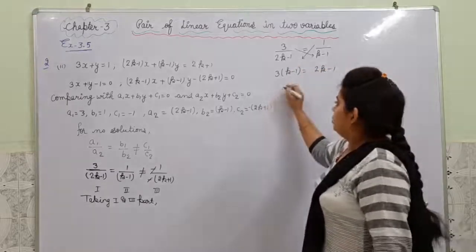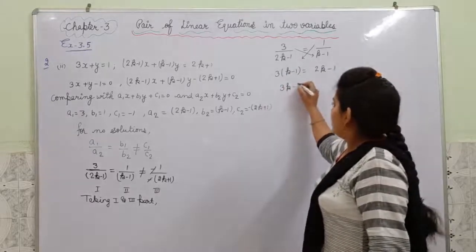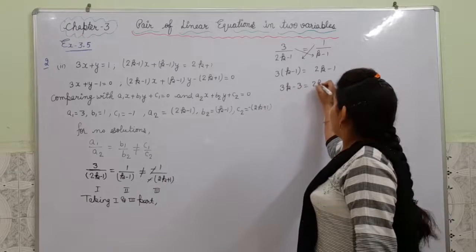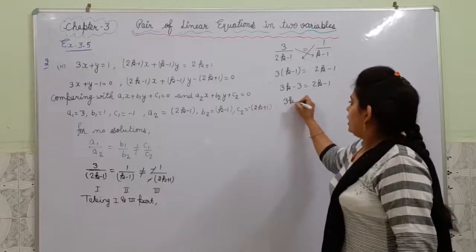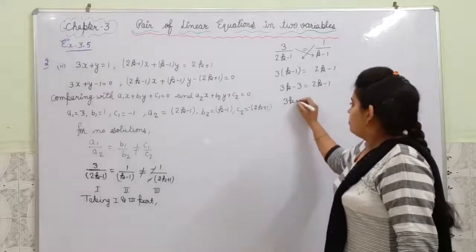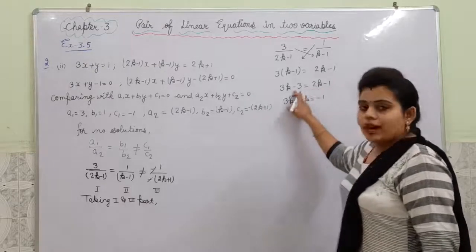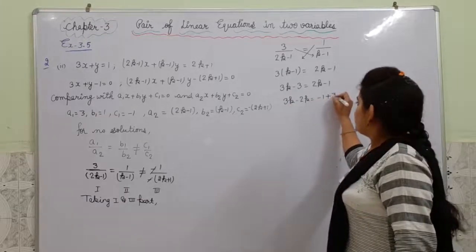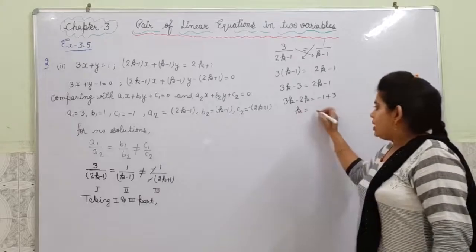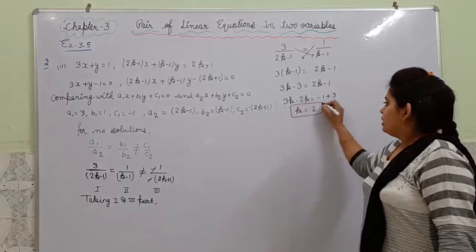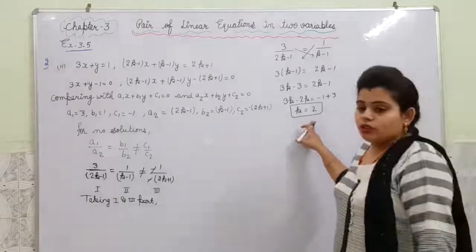From here 3k minus 3 is equal to 2k minus 1. Now 3k, this 2k will become minus 2k, and this minus 3 will become plus 3. From here we get the value of k, that is k is equal to 2.